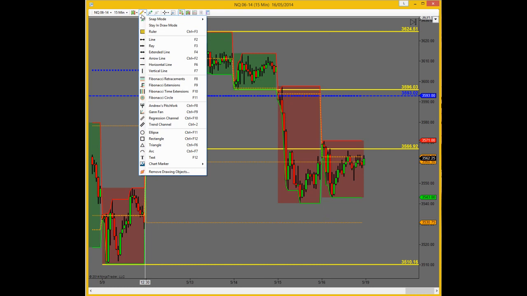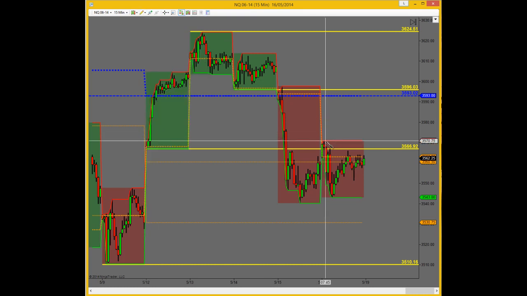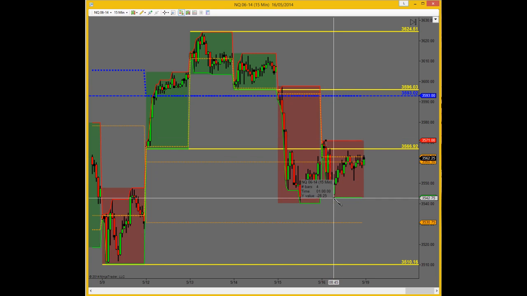It moved from this high to this low, 28 points on the Nasdaq.